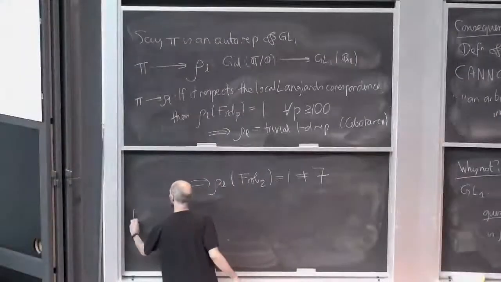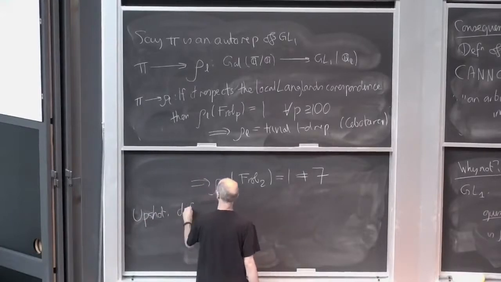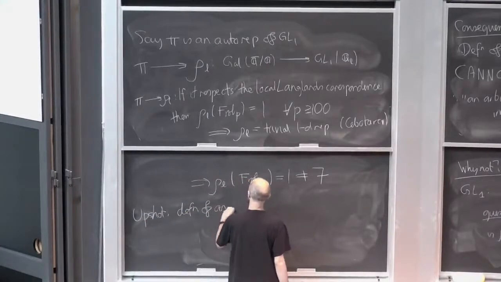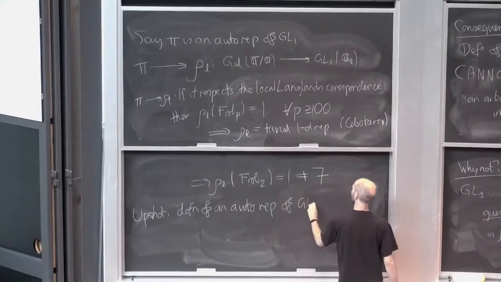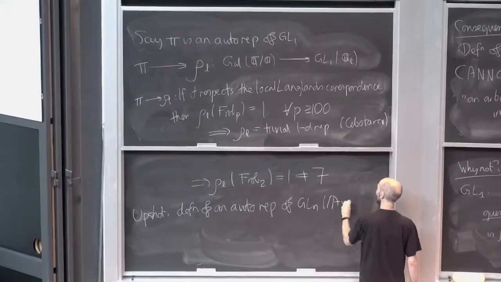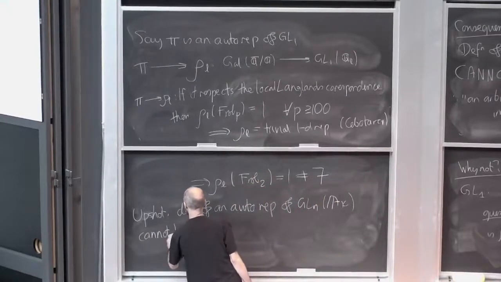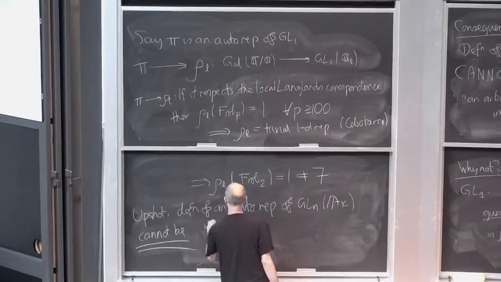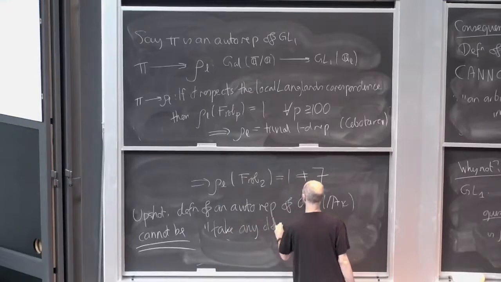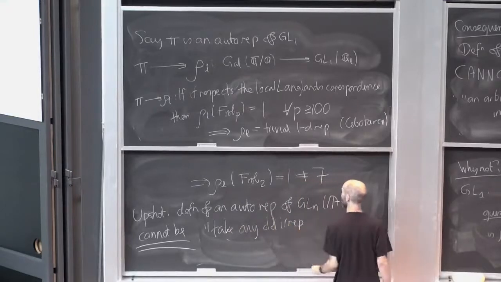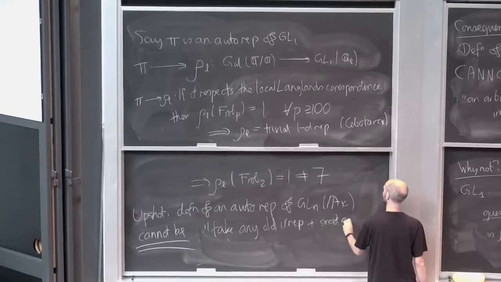So the upshot is that the definition of an automorphic representation of GLN of the adeles of K cannot be: take any old irreducible representation, plus some continuity conditions, whatever, smooth admissible.